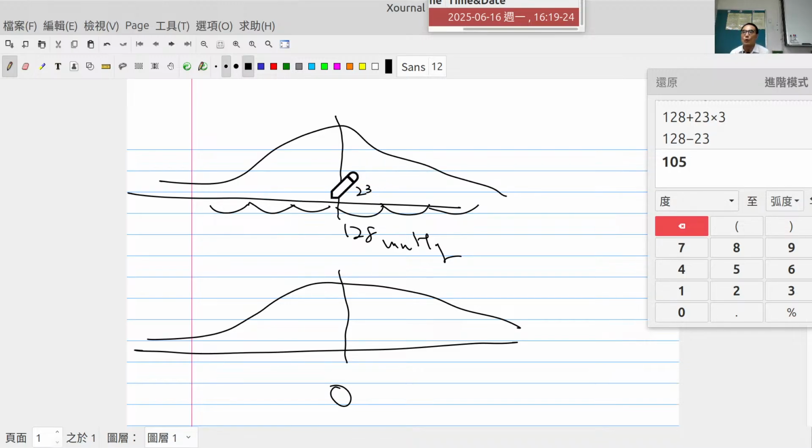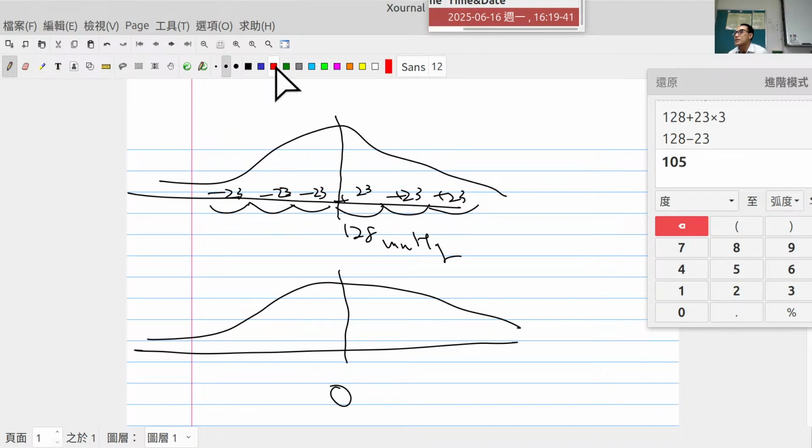For this one, we can go plus 1 standard deviation, plus the second standard deviation, plus the third standard deviation, and minus 1, minus 2, minus the third standard deviation.